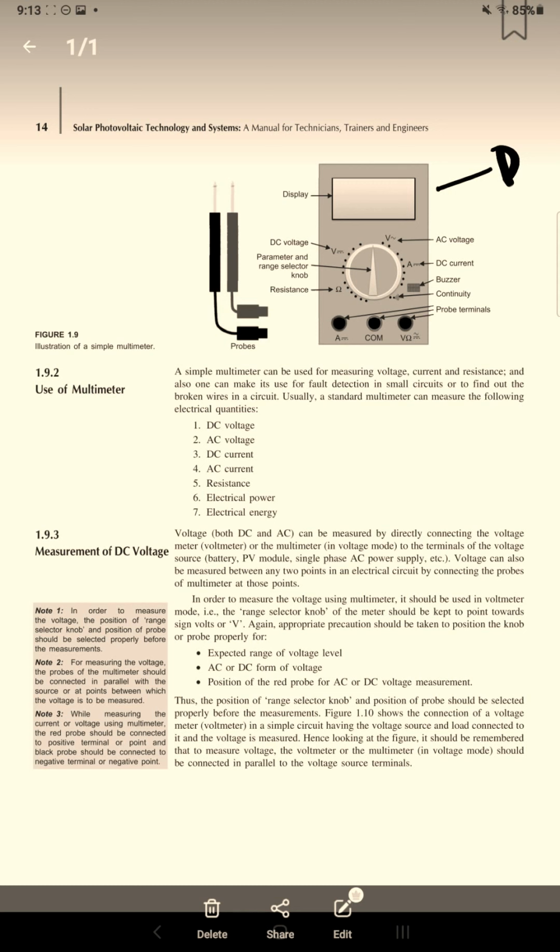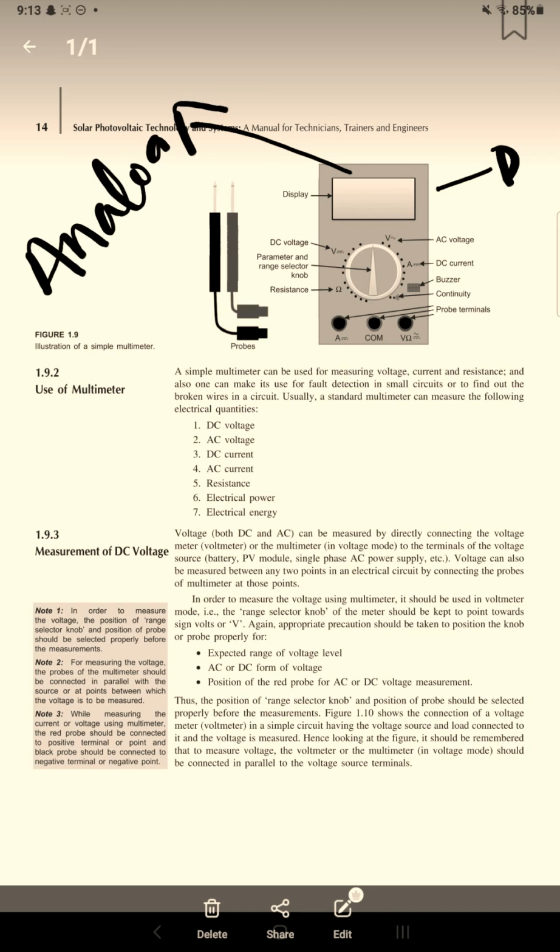And what if the display has some kind of indicators? What do we call that meter? That meter would be analog. So a meter that has a digital display is a digital multimeter, and a meter that has an indicating display or indicating screen is known as an analog multimeter.